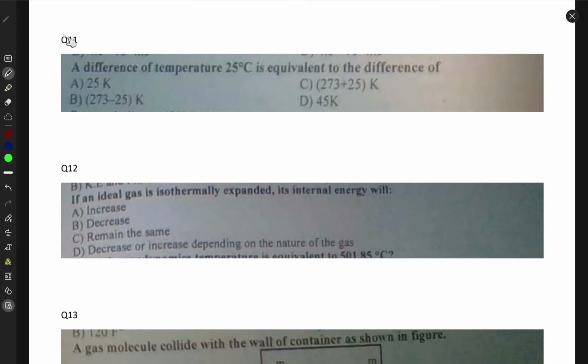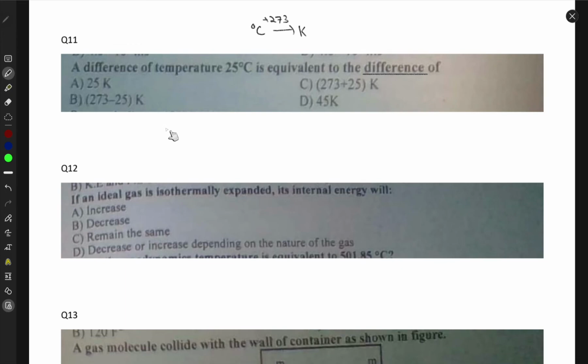Moving on to question 11, we have a difference of temperature of 25 degrees centigrade is equivalent to a difference of what? We have 25 kelvins, 273 plus 25 kelvins, 273 minus 25 kelvins, and 45 kelvins. Now normally we know that whenever you have to go from degrees centigrade to kelvins, you do that by adding 273. But note, they're asking you the difference of temperature.